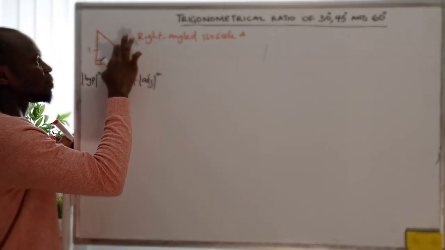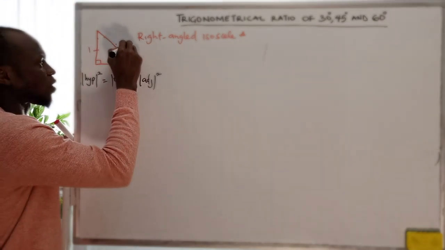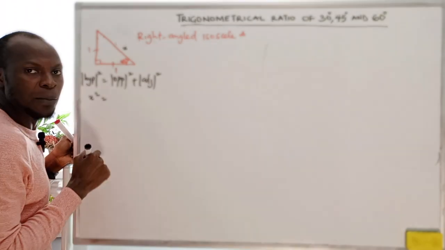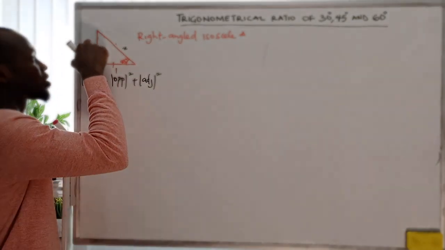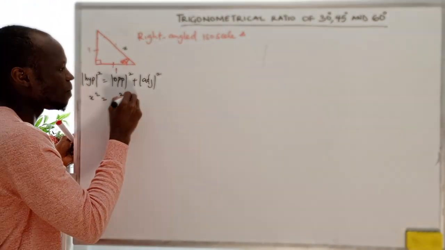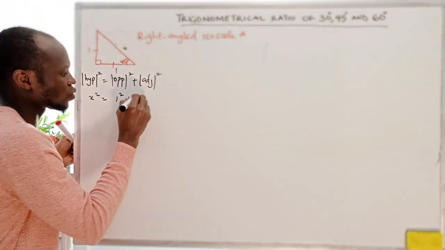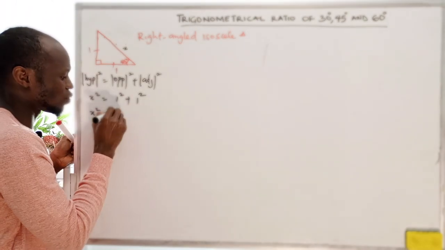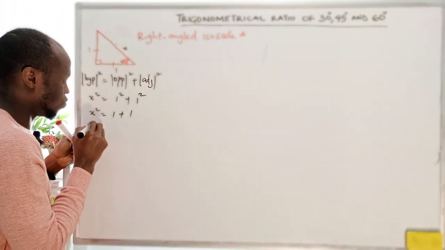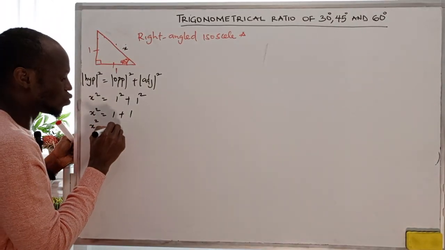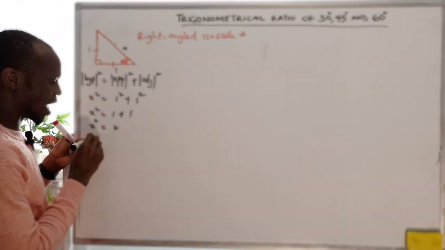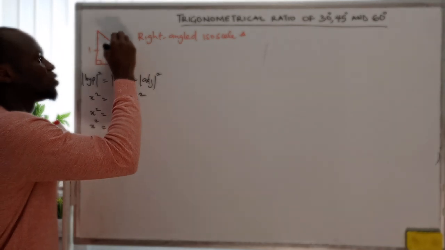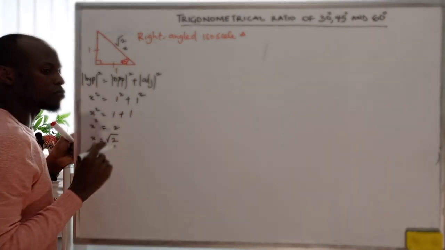If I call this side x, so x squared equals my opposite, which is 1 squared, plus my adjacent, which is also 1 squared. Automatically, my x squared equals 1 squared, which is 1, plus 1 squared, which is also 1. So my x squared equals 2. Automatically, my x equals root 2. That is why I get this side to be root 2.